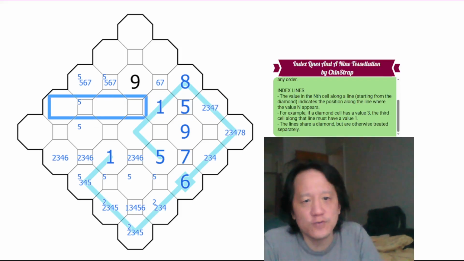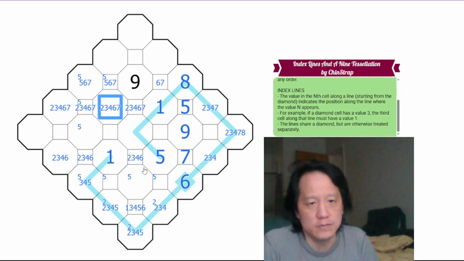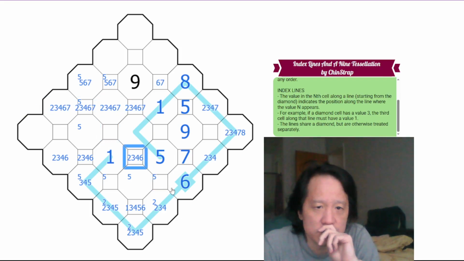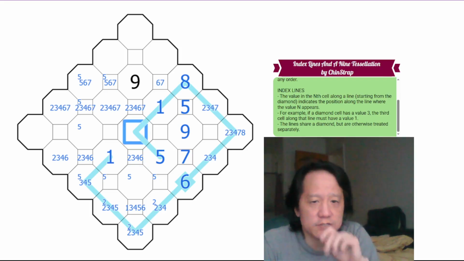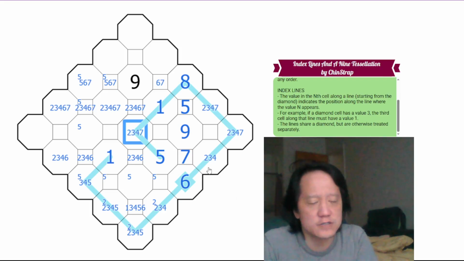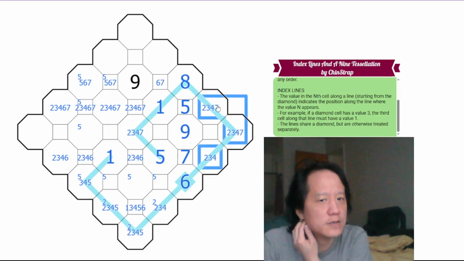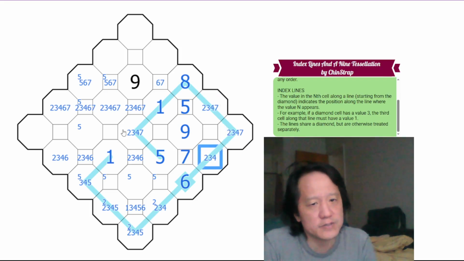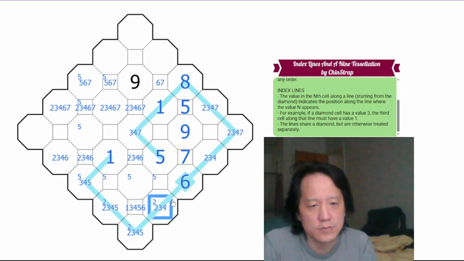Remaining digits in row 4 are 2, 3, 4, 6, 7. These digits remain, so this cannot be 8. This has to be 2, 3, 4, or 7 remaining. And 7 cannot be in the 2nd position, so this can't be 2.